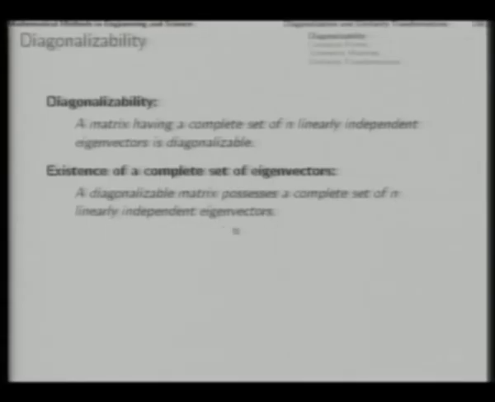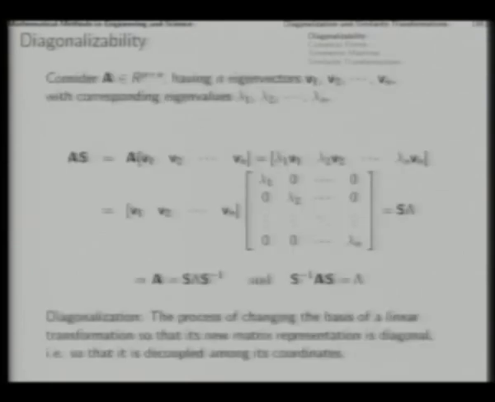If you want to prove this, then you will say that we already know that there exists a basis S in which the matrix representation will be diagonal, and in that case what you do? You pre-multiply with S, and then you say that we already have this relationship AS is equal to S lambda.